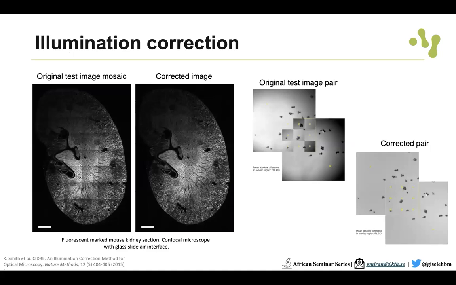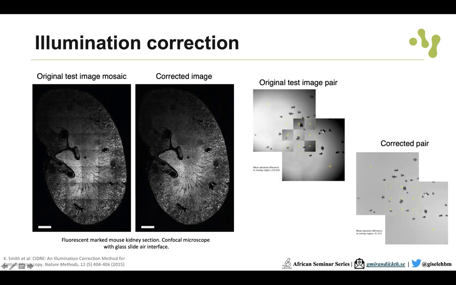And illumination correction. Every optical system is subject to distortions, and I think that maybe the most common effect here is the vignetting effect, which leads to uneven illumination. Here we can see the mosaic, so we can see the borders of the tiles.